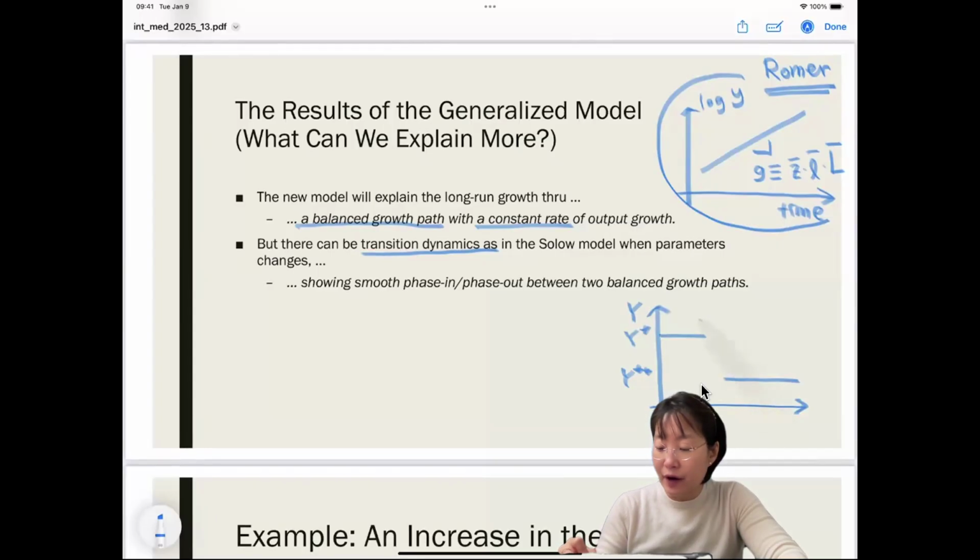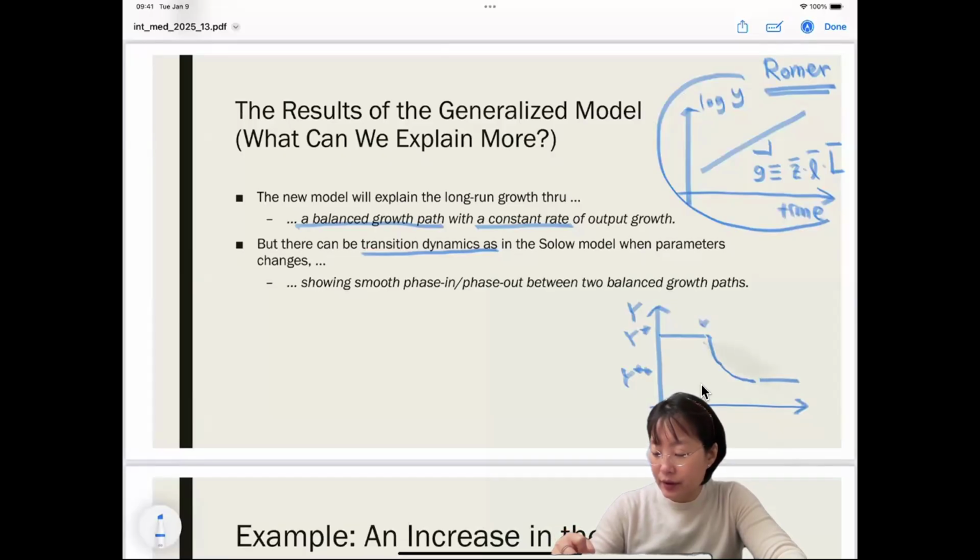So if it's far away from the new steady state, then it changes faster. And then, as it gets closer, the speed gets slower.